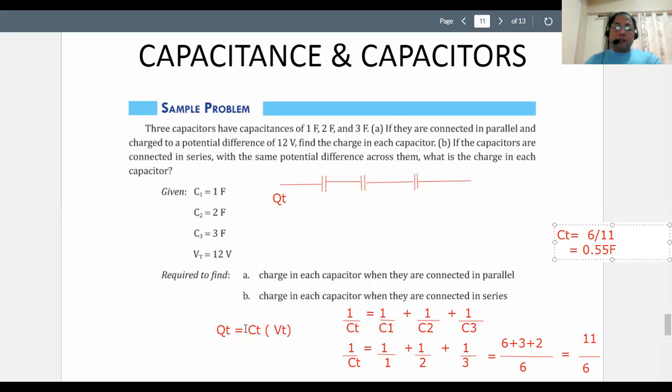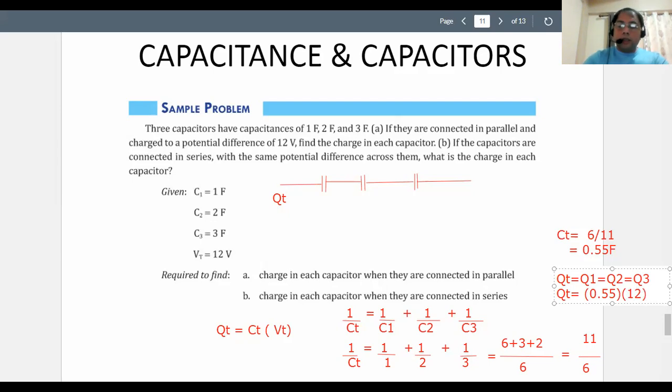Now, since the total capacitance allows us to find the total charge, the total charge Q sub T is equal to Q1, because in a series connection the charge is the same, equal to Q sub 2, equal to Q sub 3. Therefore our total charge Q sub T is equal to C sub T times V sub T, or 0.55 times 12 volts, that's our total voltage.